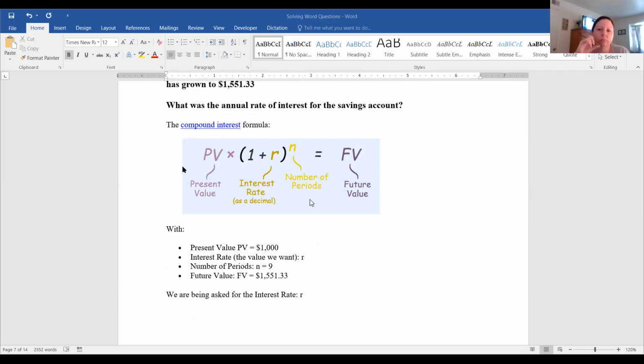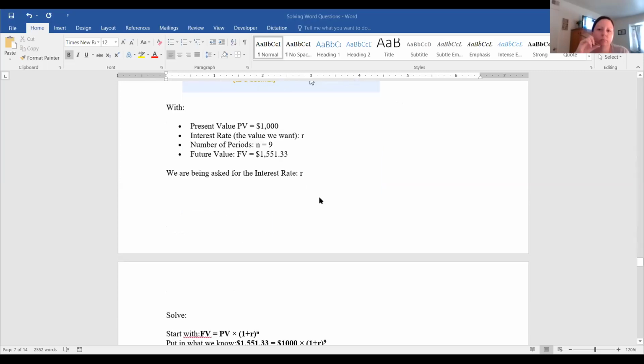Either one. We can solve, but we need to have information that tells us what the other variables are. In this case, we knew n was 9, and knew the present value and the future value, so the only thing unknown was r. So anytime you have one unknown variable, you can solve for it if you know the values of everything else in the problem.